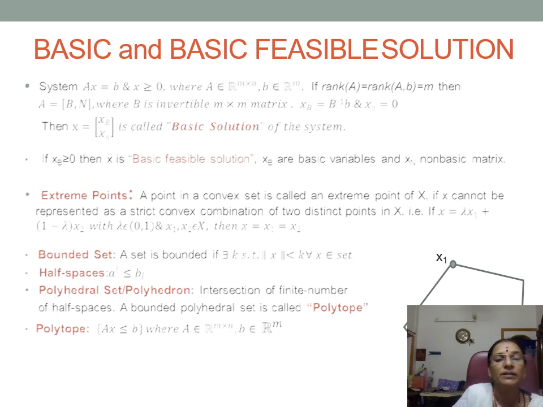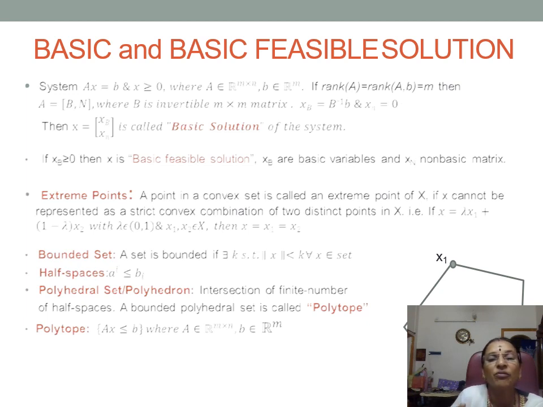Using these values, we can calculate the basic solution. Finding a basic solution, we get a basic feasible solution. For example, what is the meaning of basic feasible solution? We are finding the values of x1, x2, x3, x4. The value of z is different, for example z equals 20, z equals 30, z equals 40.